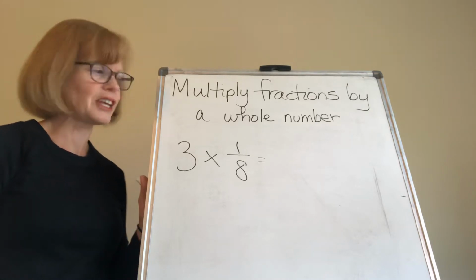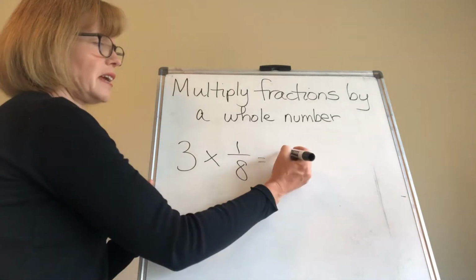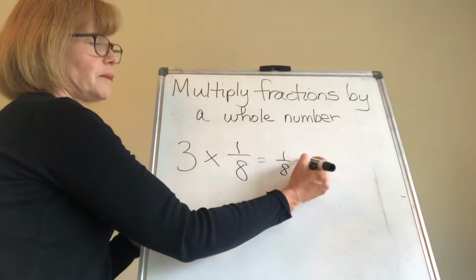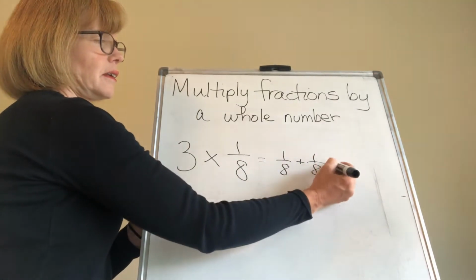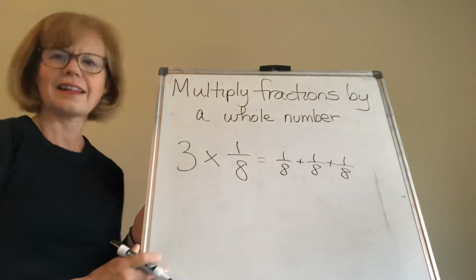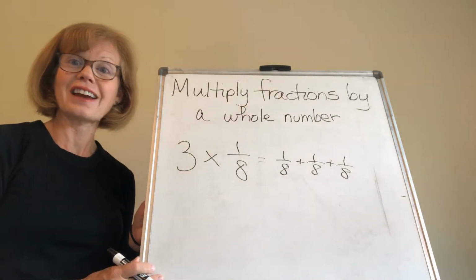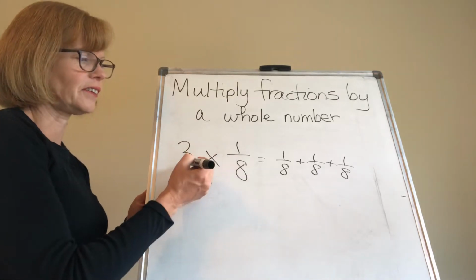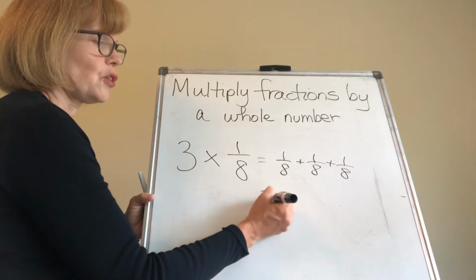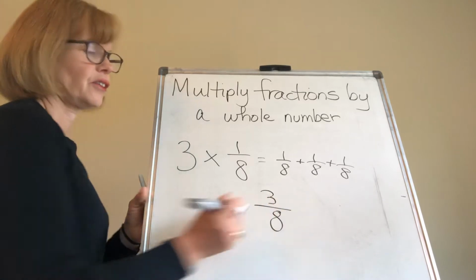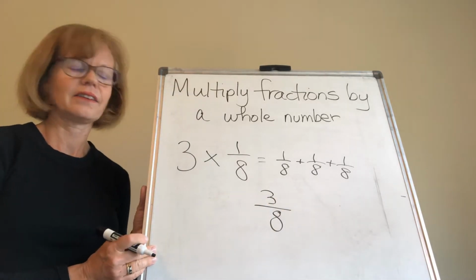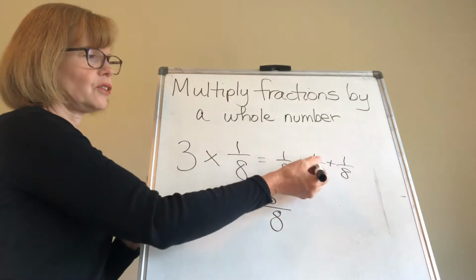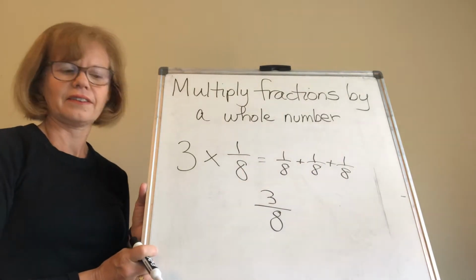What I'm hoping that you wrote was this: 1/8 3 times. Good for you if you've got that. 1/8 plus 1/8 plus 1/8 is the same as 3 times 1/8. The answer is 3/8. 1/8, 2/8, 3/8.